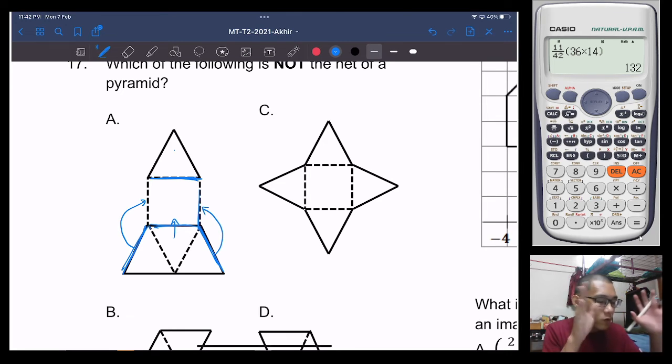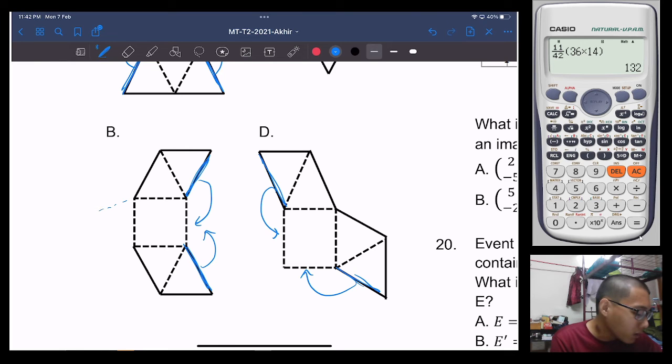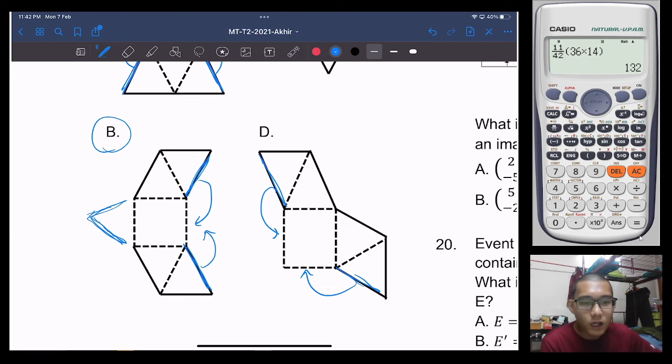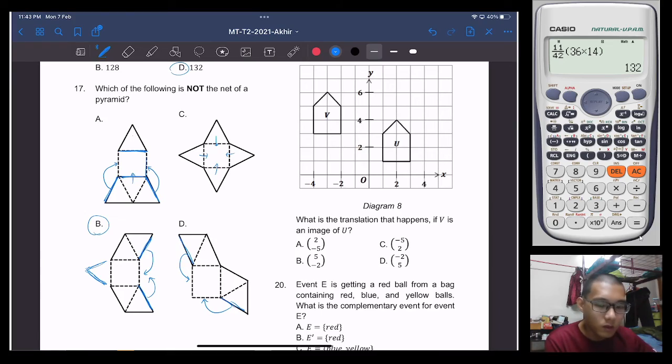This one we fold here, and this one we fold here, so we can get a pyramid. But for this one, you fold here, and this one also folds here, and there is no triangle to match with them, so this one is wrong. The answer is B. So this is question 17.